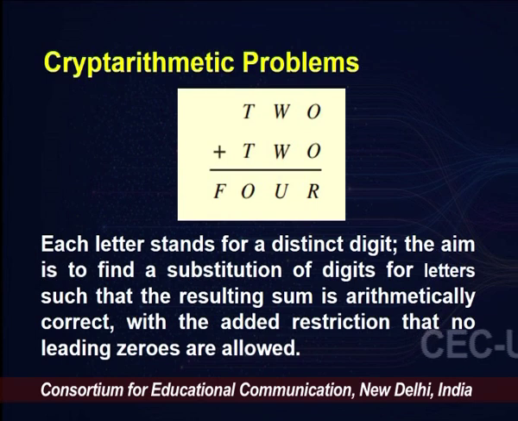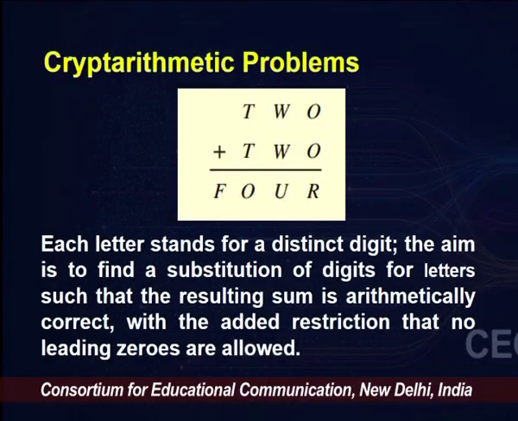Each letter here will be represented by a distinct digit, which means you cannot repeat a digit, and leading zeros are also not allowed. We need to assign values to the letters in these problems such that the numbers satisfy the equation.